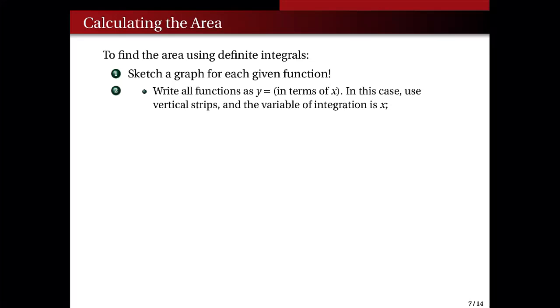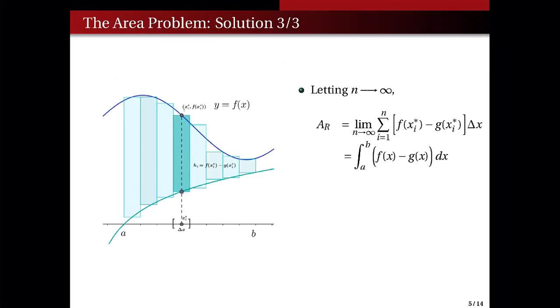So for example, in here, you have the function y equals g of x, and then y equals f of x. So the functions are written as y in terms of x. And the approximating rectangles are vertical.